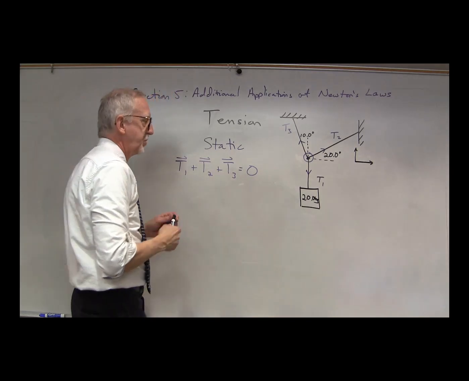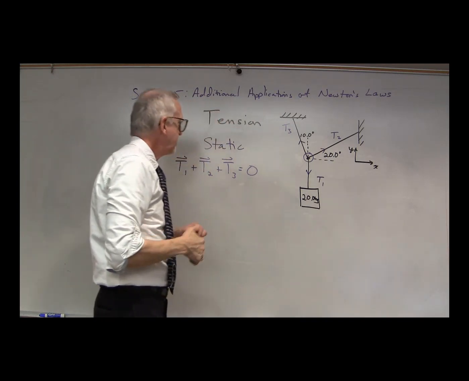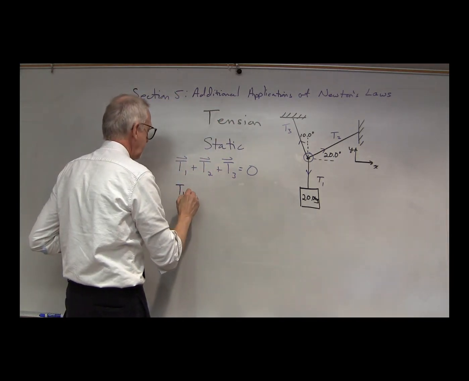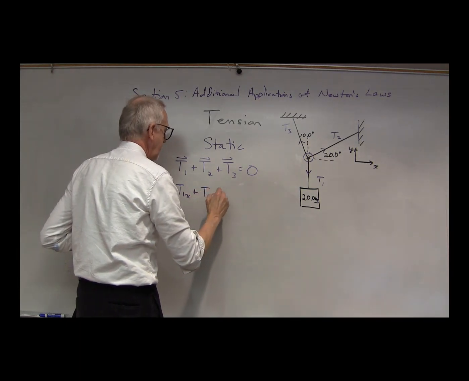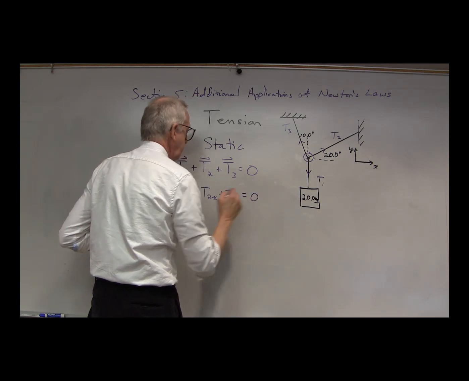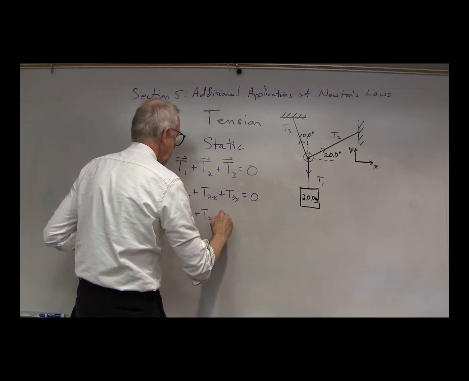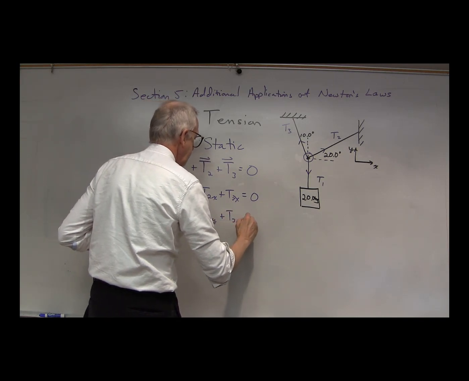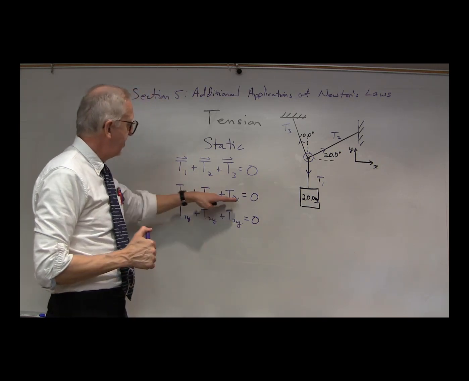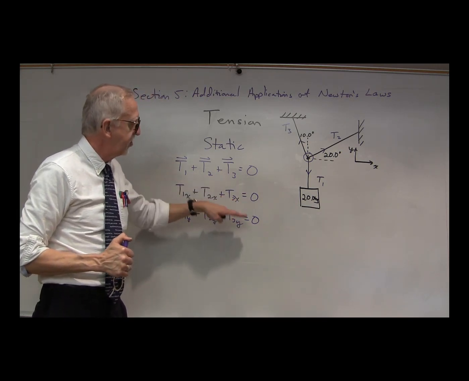So what we can do is decompose this equation and say T1x plus T2x plus T3x must equal 0, and T1y plus T2y plus T3y must equal 0. All right, there we go. So we've got these variables, the components of the forces in these two equations.